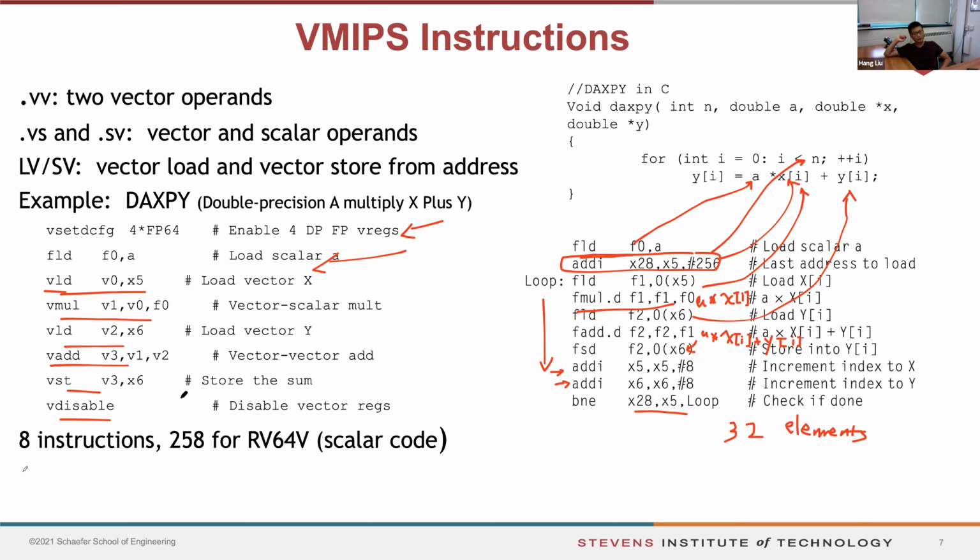So in total, we need only 8 instructions to finish 4 operations. 1, 2, 3, 4, 5, 6, 7, 8.